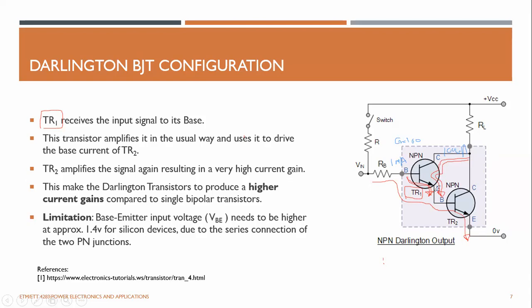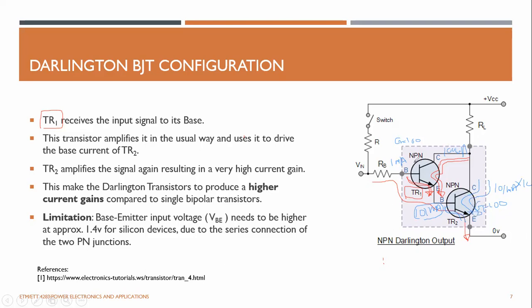Now you can see that the returning current is the sum of the base and collector currents, so this is 101 milliamps. That is again a large current flowing into the base of the second transistor. If the gain of this transistor is again 100, then 101 milliamps times 100 is your output current, which goes from this collector to emitter. That's a huge current, right?